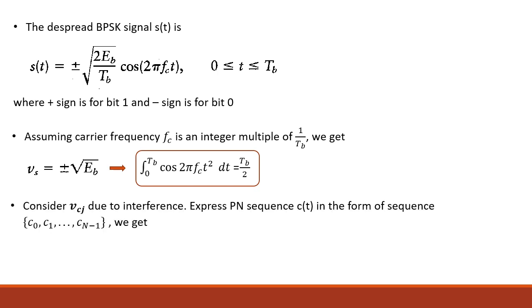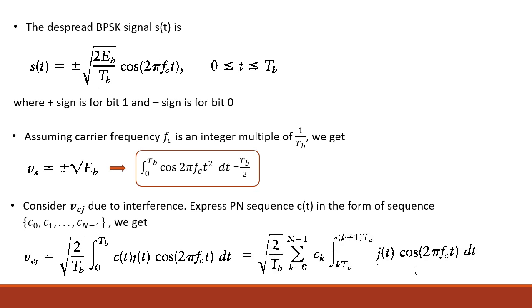Now we consider the second component, that is VCJ, which is due to the interference. For substitution, we write the PN sequence C of t in the form of the sequence c0, c1 up to cn minus 1, and the expression for VCJ, which is equal to root of 2 by TB integral 0 to TB C of t into J of t into cos 2 pi fc t dt, will become square root of 2 by TB summation k going from 0 to n minus 1 ck integral, where the limits change to k Tc to k plus 1 Tc, J of t cos 2 pi fc t dt.